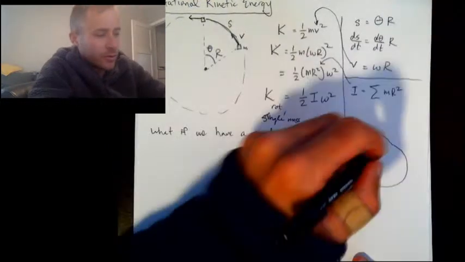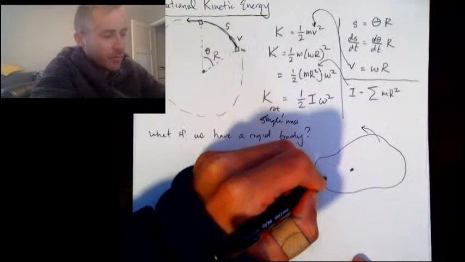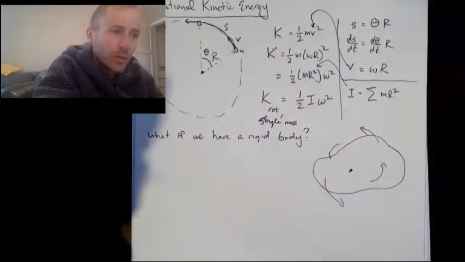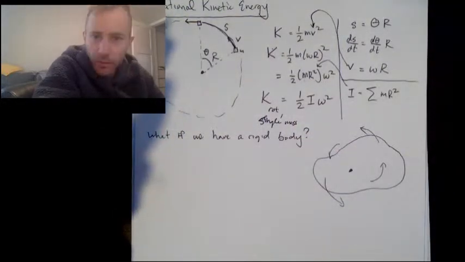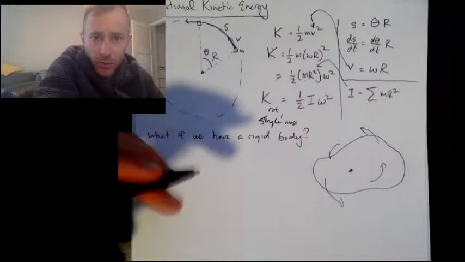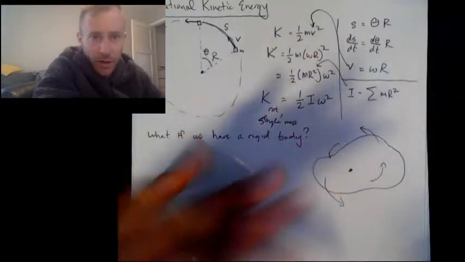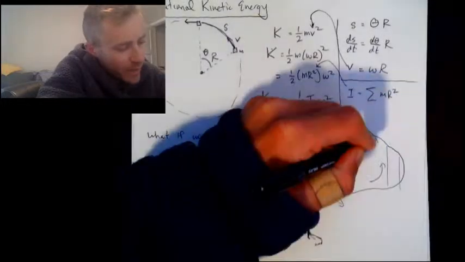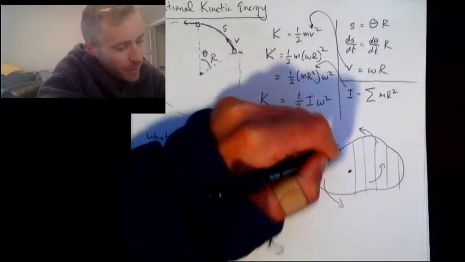And so it's rotating about the pivot point like that. So if we wanted to calculate the rotational kinetic energy of this entire blob, what we would do is imagine dividing the blob up into a bunch of sections.